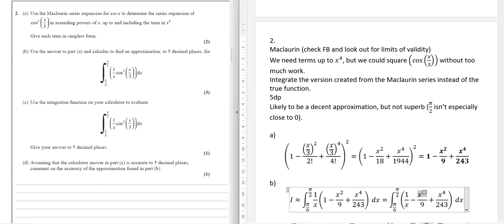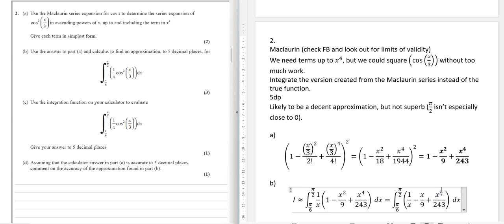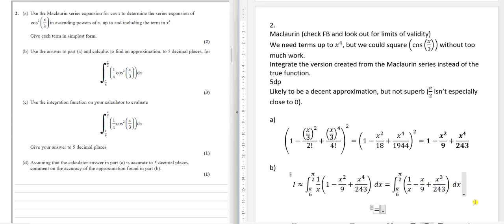I can incorporate that 1 over x term, and it's going to affect each of these powers. So 1 times 1 over x is 1 over x. X squared over 9 times 1 over x is x over 9, and so on. And that allows me to turn it into something that I can integrate fairly nicely.